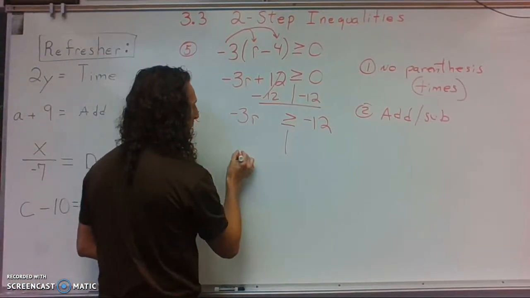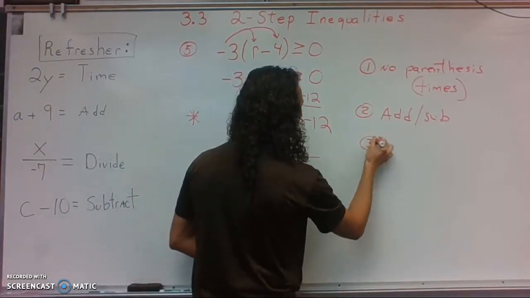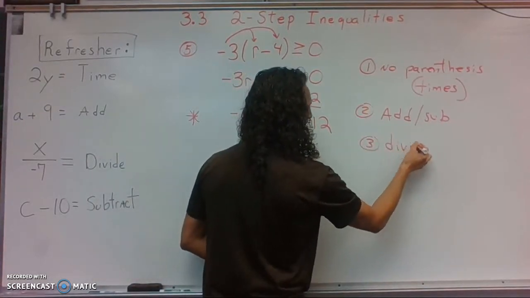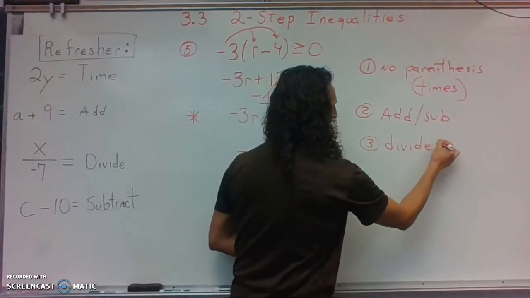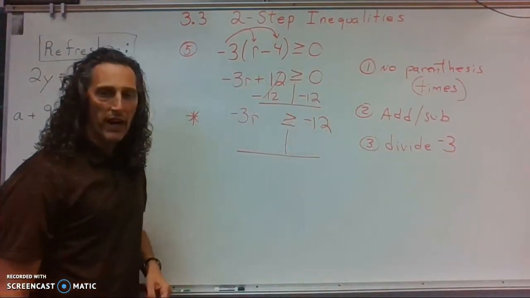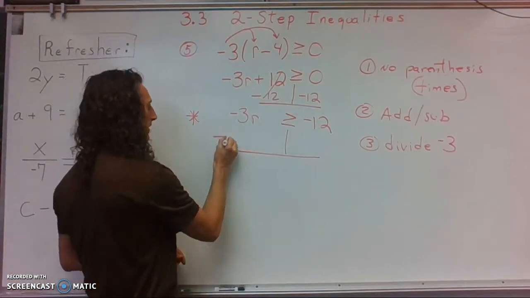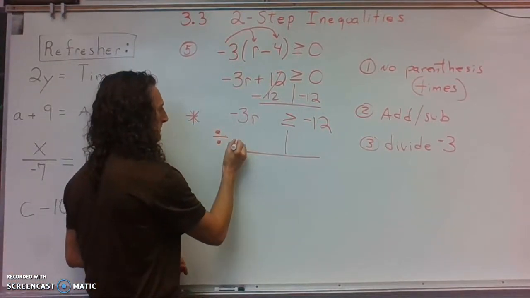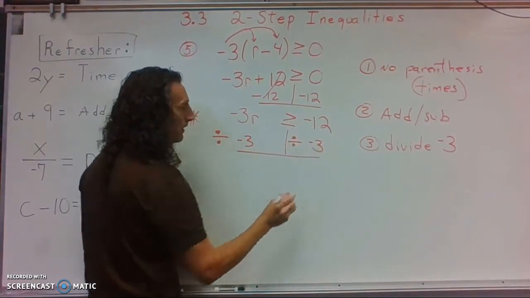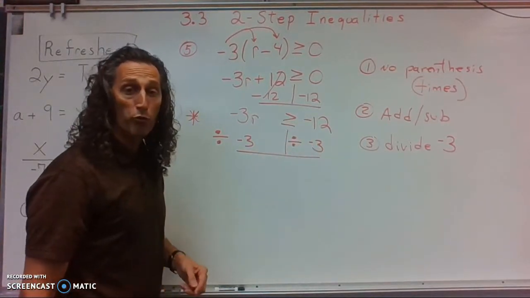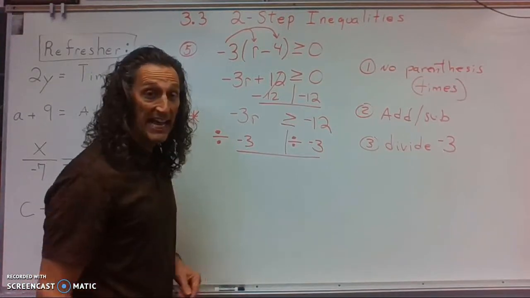So what do I have to do? My last step is divide. And what am I dividing by? That's right. I'm dividing by a negative number. And then I should sound like an old record, if you know what that is.